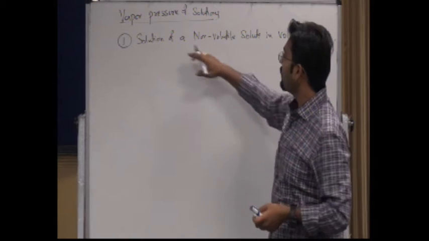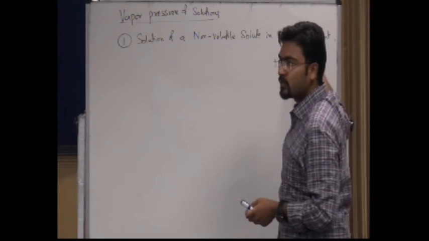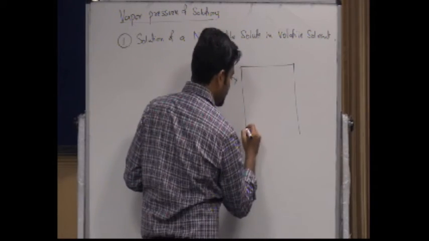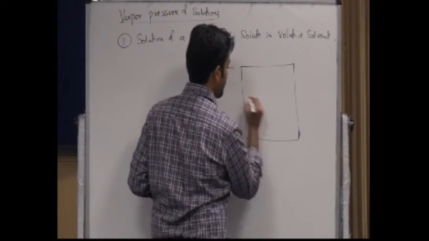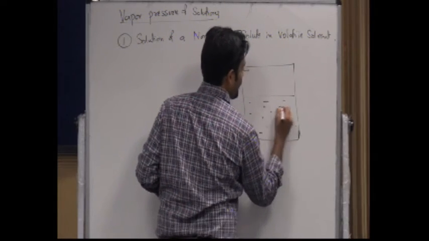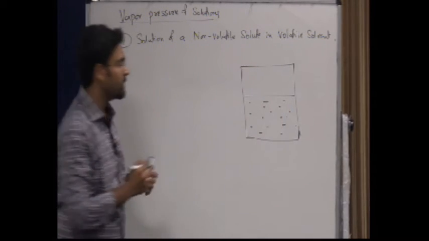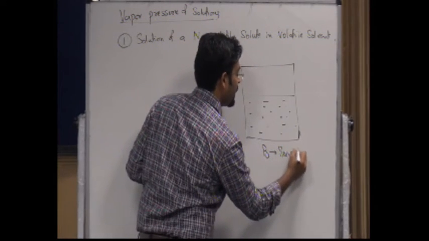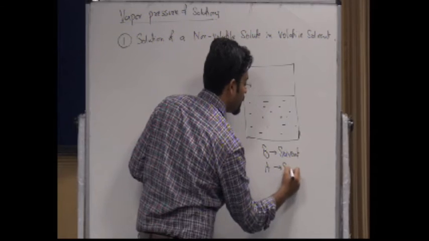So when we're talking about a solution of a non-volatile solute in a volatile solvent, the most common case you'll get is a case where you have a liquid wherein, for example, B is the solvent, which is a liquid, and A is, for example, a solute.